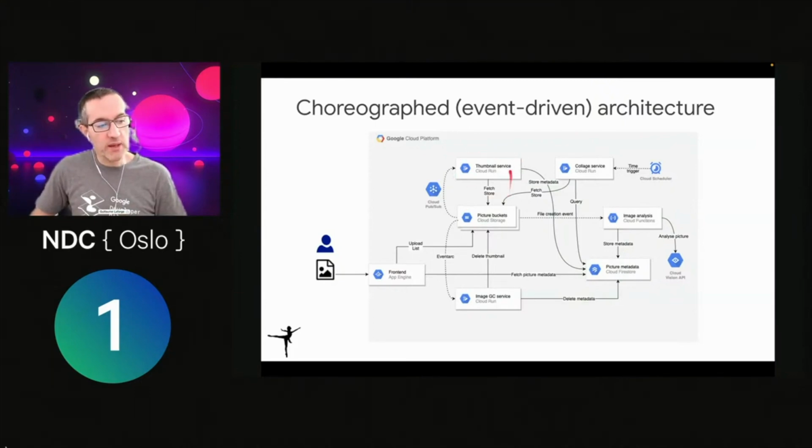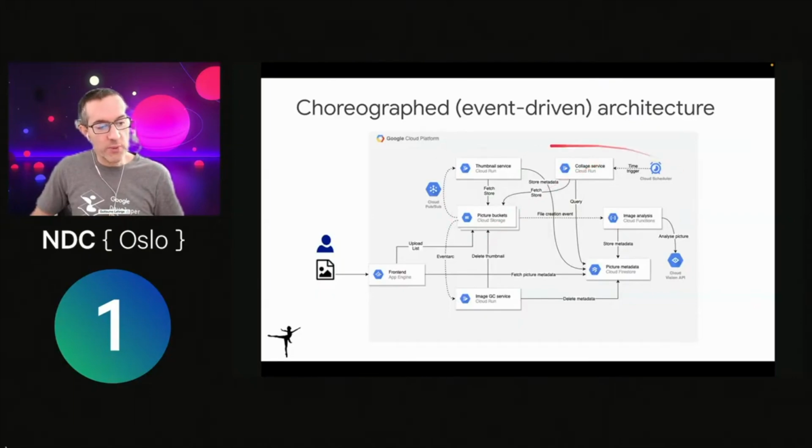This one is creating thumbnails, and it's going to update the database saying whether the thumbnail was generated or not. And we're also going to save the thumbnail of the picture in another bucket.